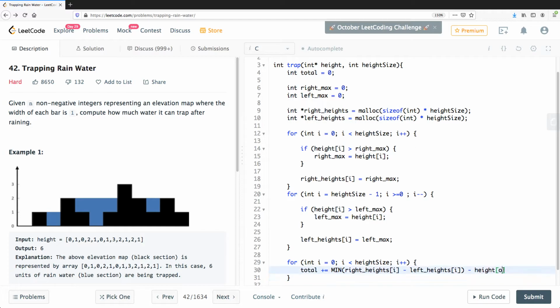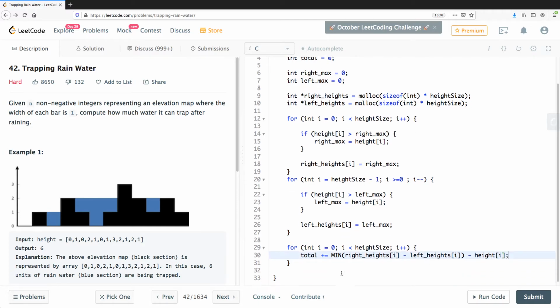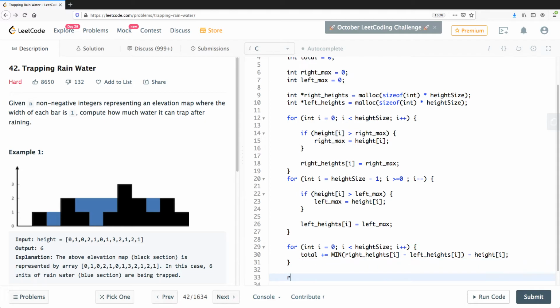Now let's not make any typos. So that's our total, and I hope I do not have to put any more braces. And then we can simply do a return total, and that should be our solution.